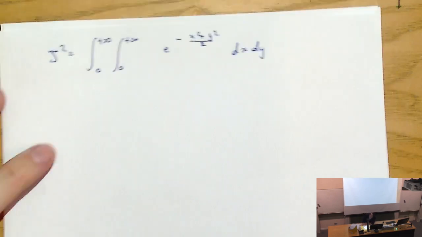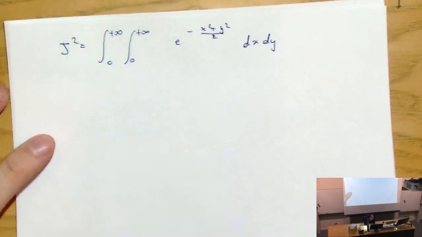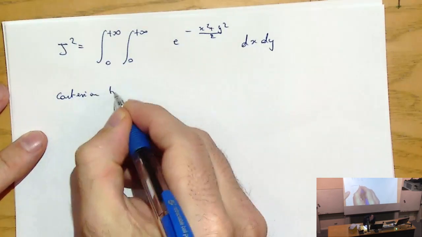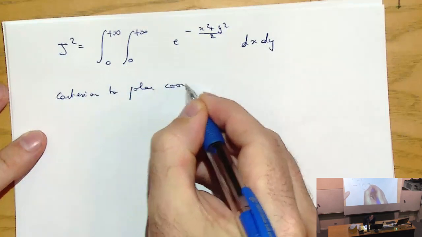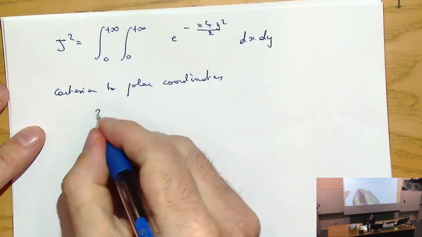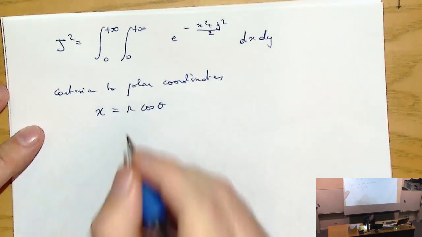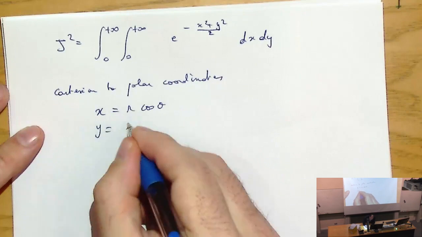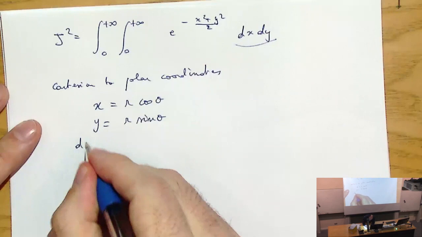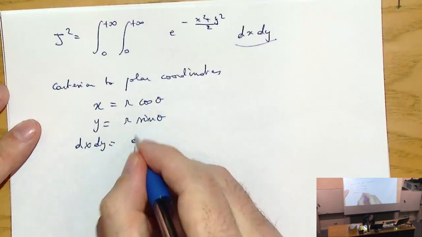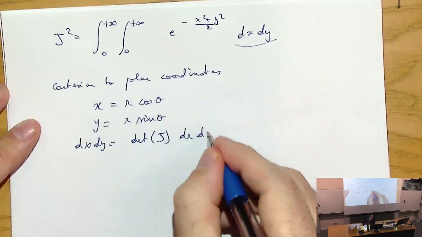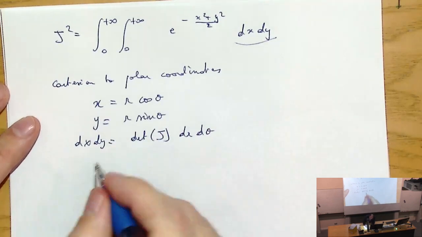Good. So what I can do here is go from Cartesian to polar coordinates, and make a change of variables and say x is r cos theta, y is r sine theta. And now dx dy will be the determinant of some Jacobian multiplied by dr d theta. What is this J?